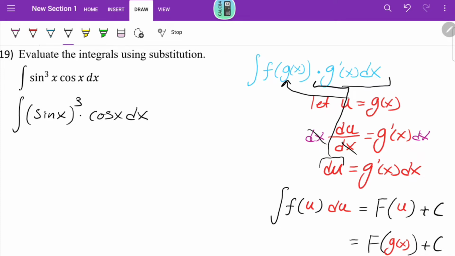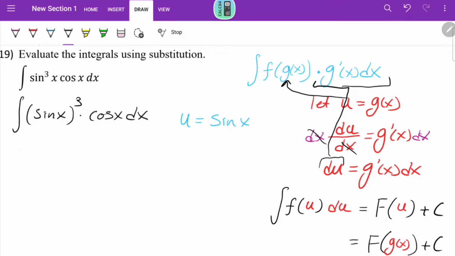Now I need to find out which one should be my u. Which one is my substitution? The one that is inside of another function makes sense to be u. Once again, the function that is inside another function makes perfect sense to be the u. So we're going to say that u is equal to sine of x.